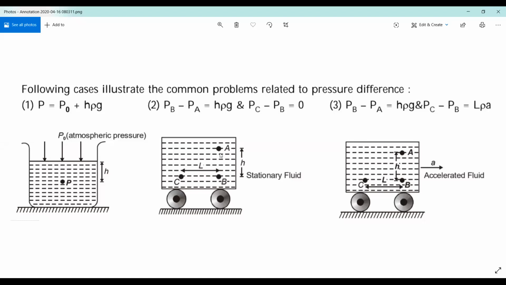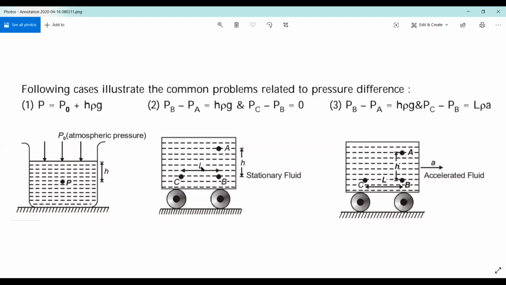Then the pressure at A and the pressure at B are different, and that pressure difference is equal to the pressure due to h height of this liquid column. That is why we can write PB minus PA is equal to h rho g. Here PB is more because point B is at more depth compared to point A from the top surface.